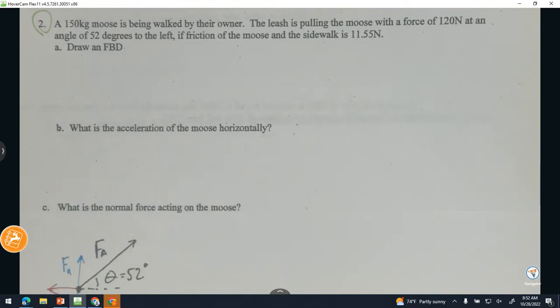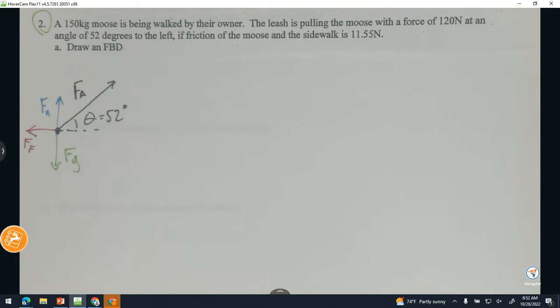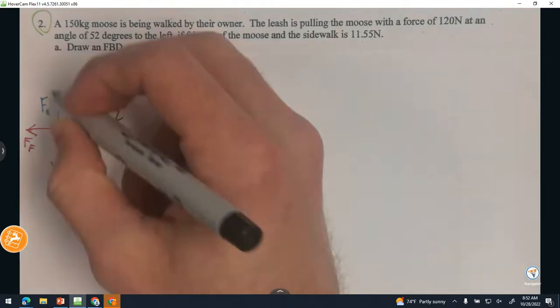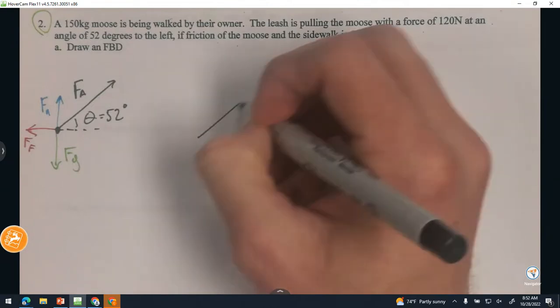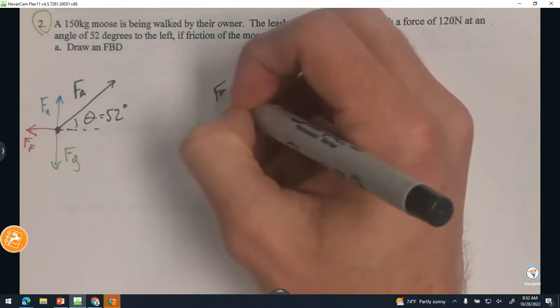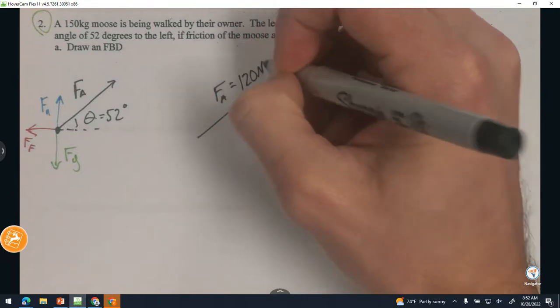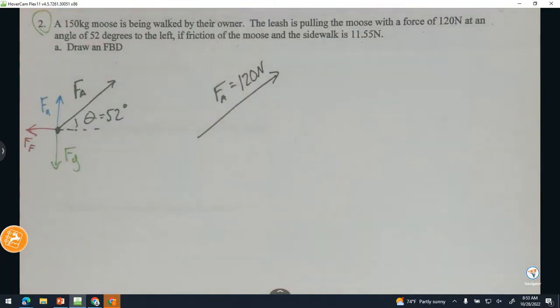Next part, we're going to find the acceleration of the moose horizontally and then the normal force acting on the moose. So first we want to get the components of FA. Again, if we zoom into the FA vector, we've got an FA of 120 newtons.